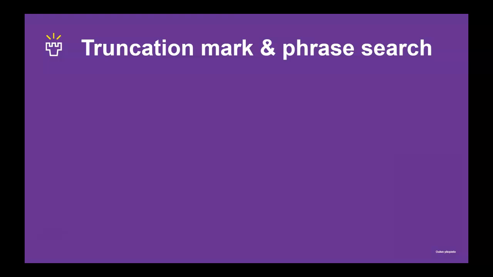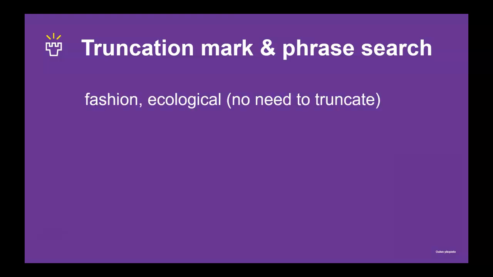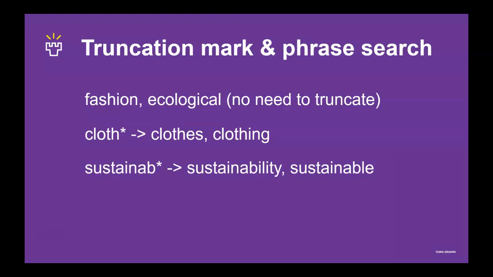For this topic, for example, it is not necessary to truncate the word fashion or ecological. However, by adding the asterisk symbol after the word cloth, words like clothes and clothing will be included in the search. By truncating the word sustainability, you can also find the word sustainable.